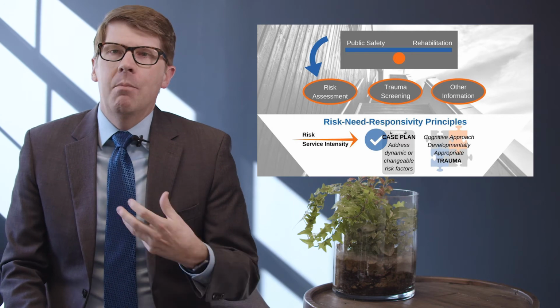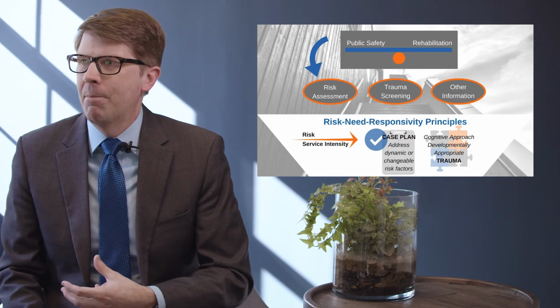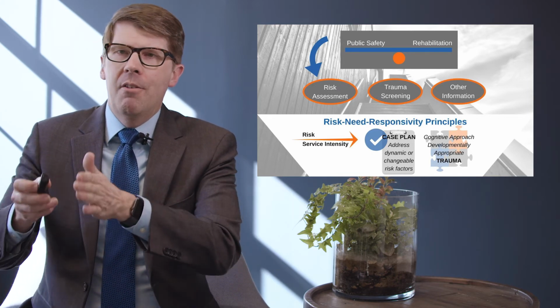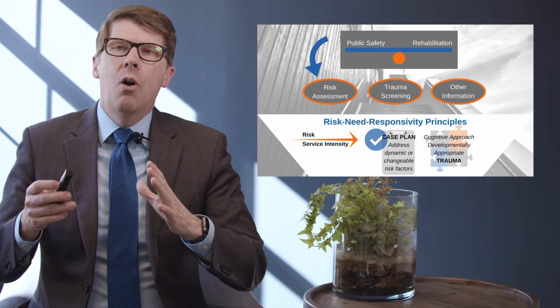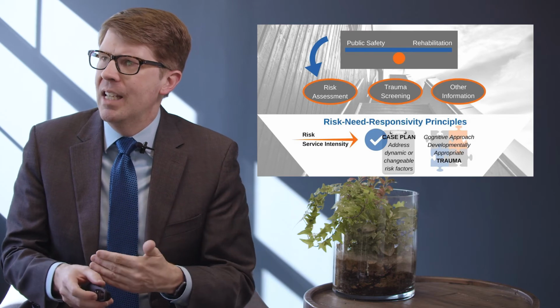And the CTS and the MAYSI are going to be providing us information about specific responsivity. So a challenge is, do we just think about a mental health assessment referral, or a referral for mental health treatment, or a referral for a trauma assessment following up on the CTS?